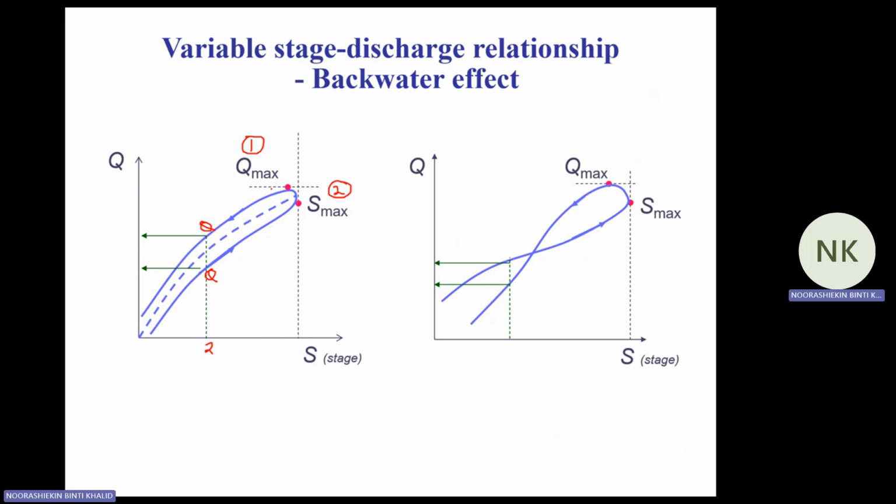The flow rate occurs first, then the S maximum level happens just after the Qmax. This is due to momentum, the momentum of water at the front of the flood wave.